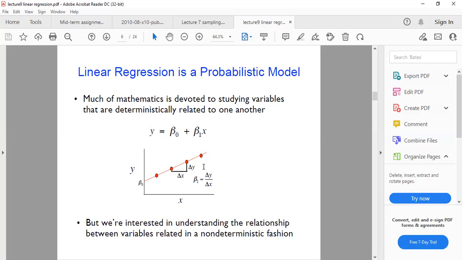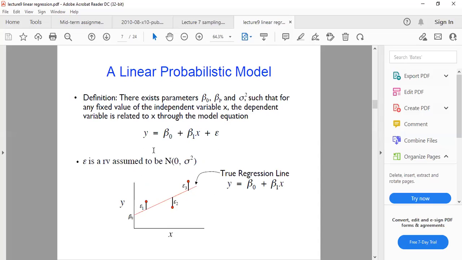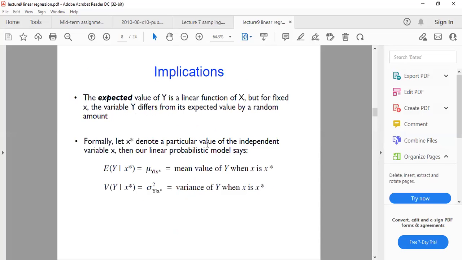Are we together? Yes, thank you. So B0 is the y-intercept and B1 is the gradient. This is for a multiple regression equation.